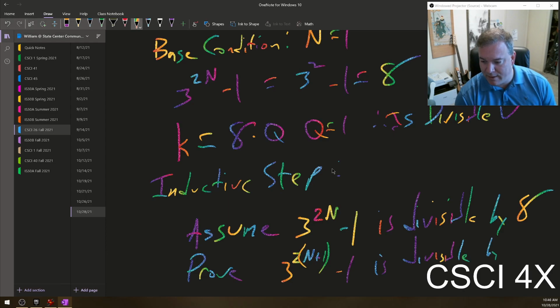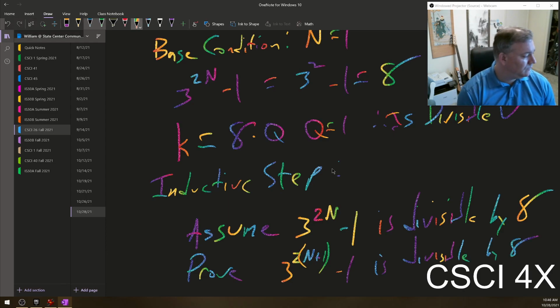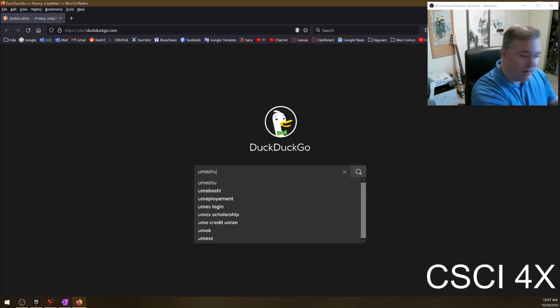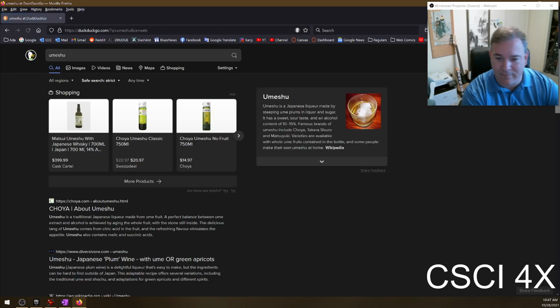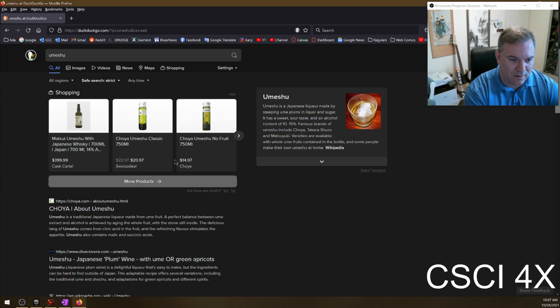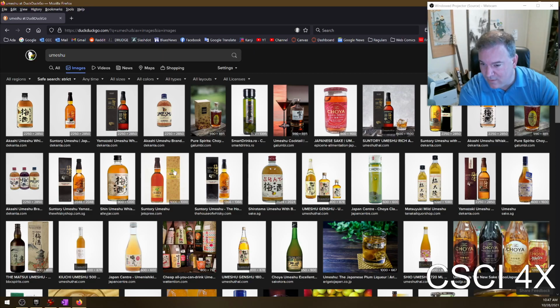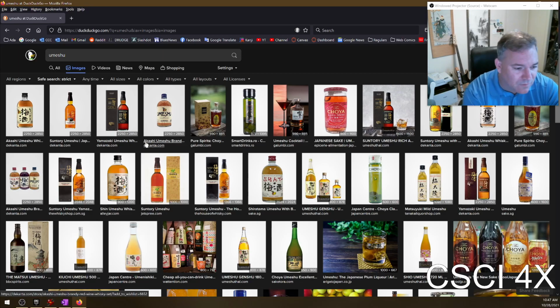Is there a plum shortage problem? I don't know. But if you guys are over 21, I would highly recommend you check it out, if you drink. Umeshu is my jam. Choya you can find everywhere at every Asian supermarket. It's not the best, but it's not terrible either, honestly. They have better kinds of umeshu too.